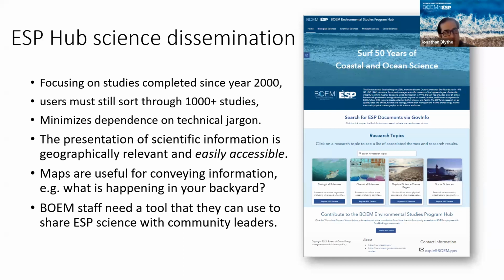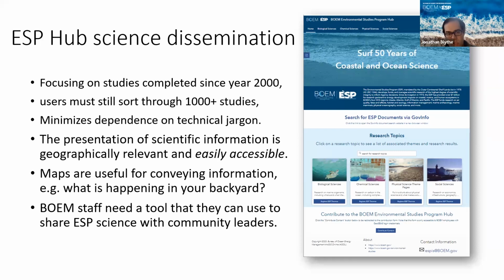And then you have the more general user who doesn't really know about the science, so they don't have the same capability to access that information or precisely find relevant results. So we decided to carve out a completely different application for that more general user. And that's what this ESP Hub is trying to do.